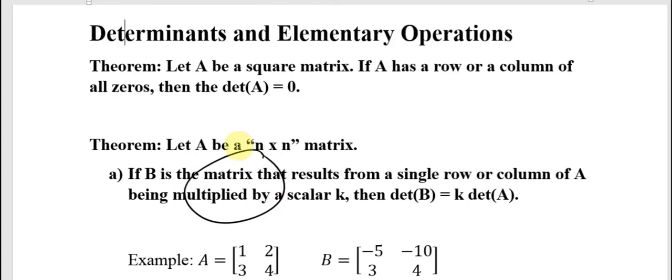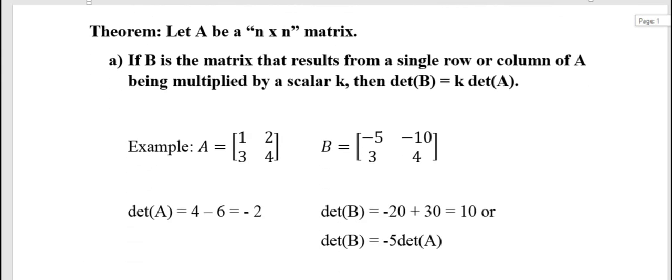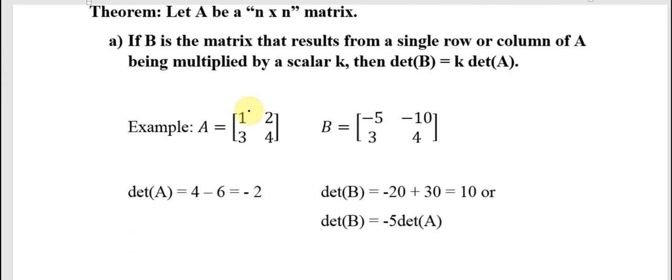So here, we have some matrix A, and notice that the only difference between A and B is that the first row of B is multiplied by -5.